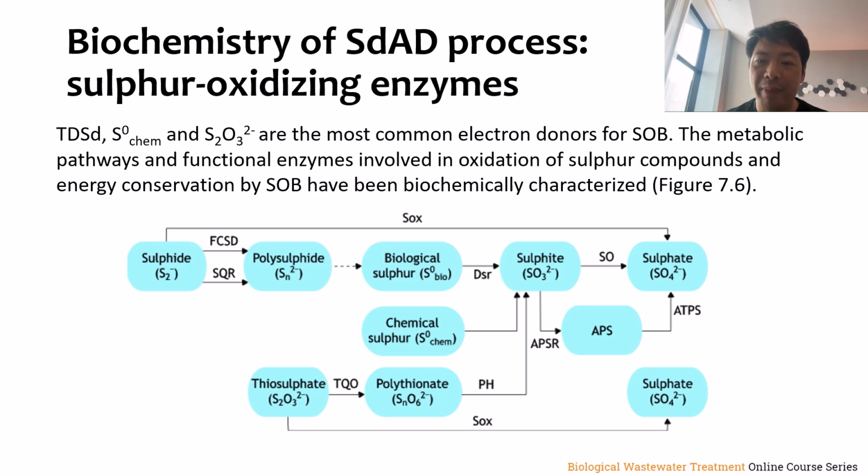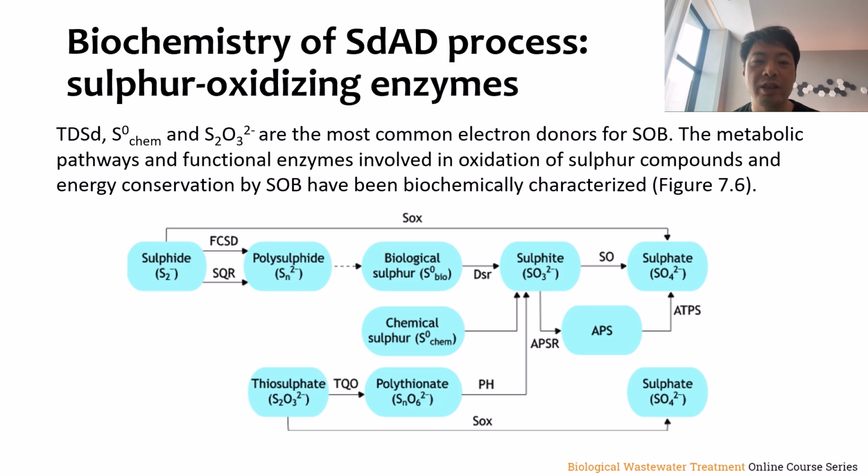the SOX-dependent enzymatic pathway. The sulfide oxidation begins with the sulfide quinone oxidoreductase, SQR in short, a flavoprotein essential in both photo- and chemolithotrophic bacteria.